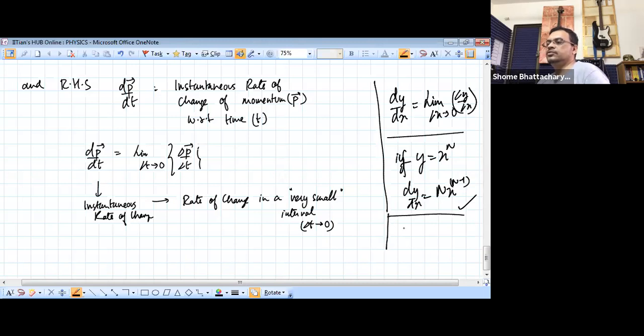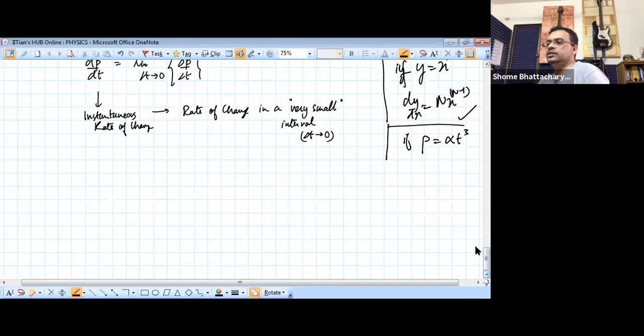For example, if momentum is equal to some constant into time cube, where alpha is a constant, then dp by dt will just become differentiation of alpha into t cube. So alpha will come outside into differentiation of t cube, so that it becomes t square. So it becomes 3 alpha t square. That is what dp by dt is.